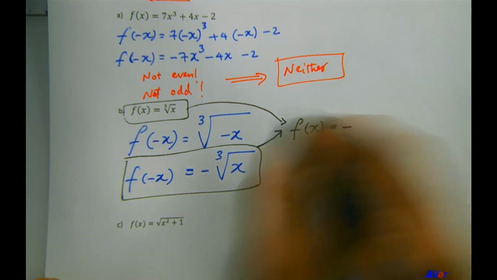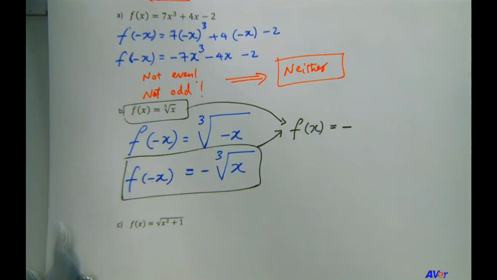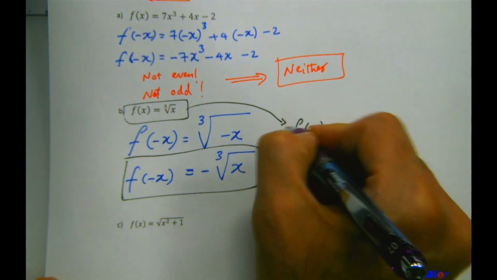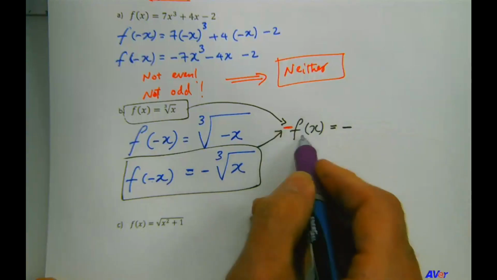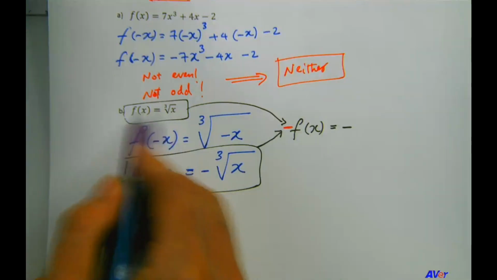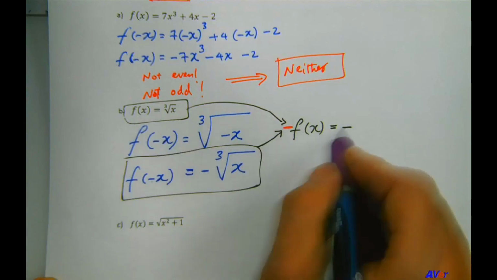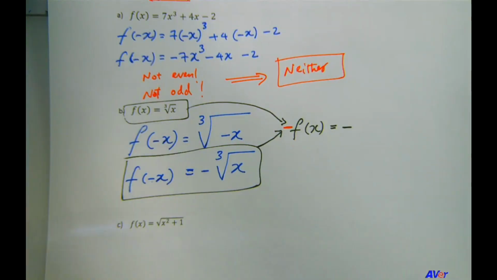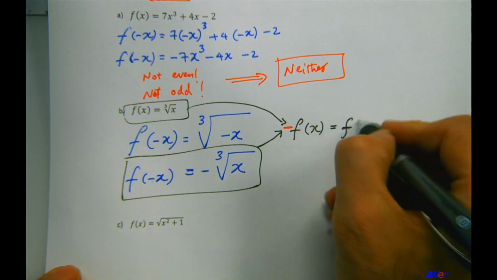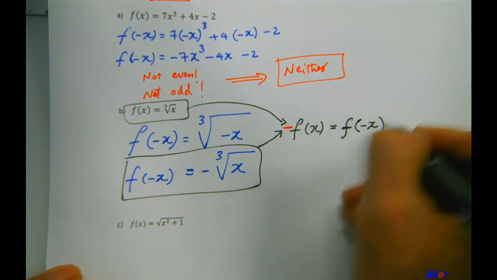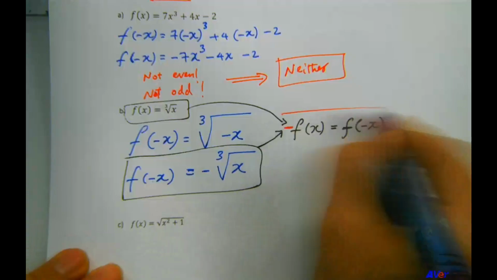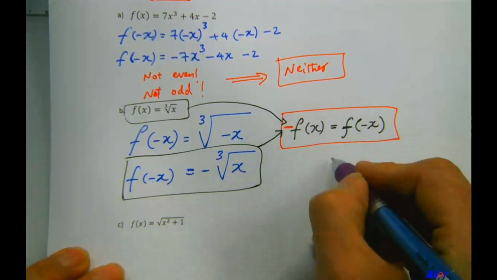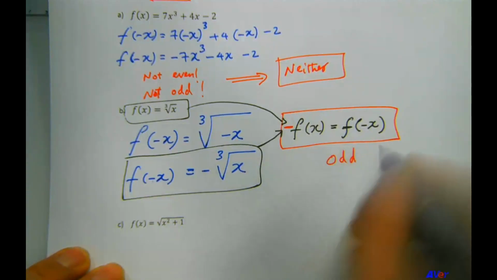Let me put that. So minus 1 times this is equal to that. So this is an odd function.